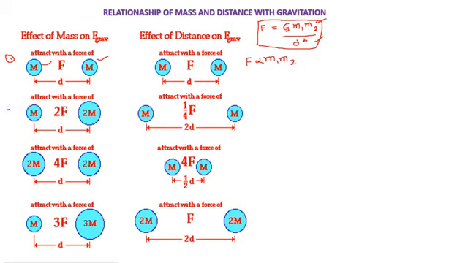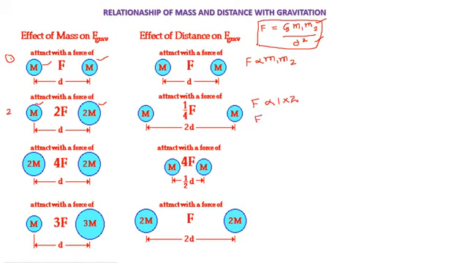Now let's see the second case, where the mass of one object is doubled. As you can see here, the mass of one object is m, which I'll consider as 1, and the mass of the other object is double, so I will consider it as 2. So what is the value of force now?